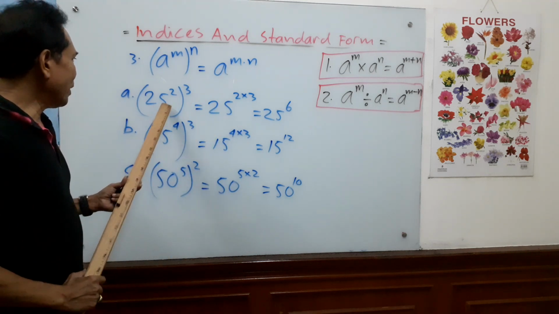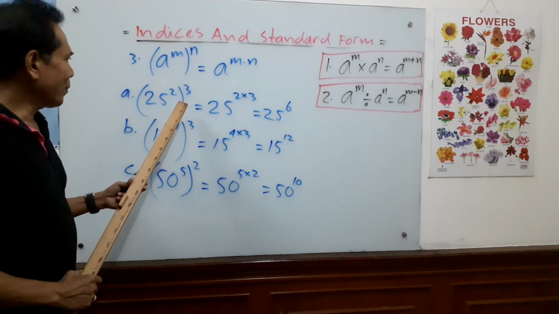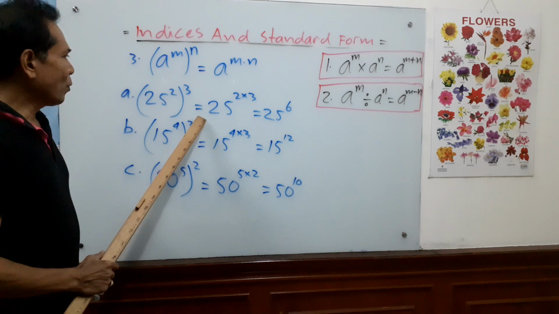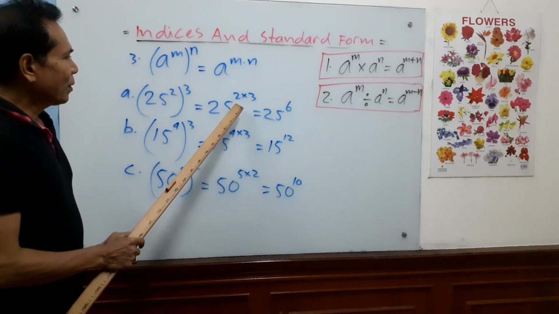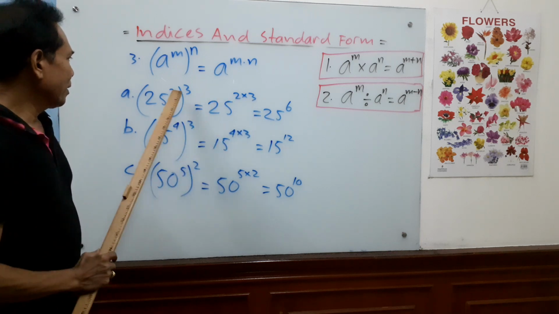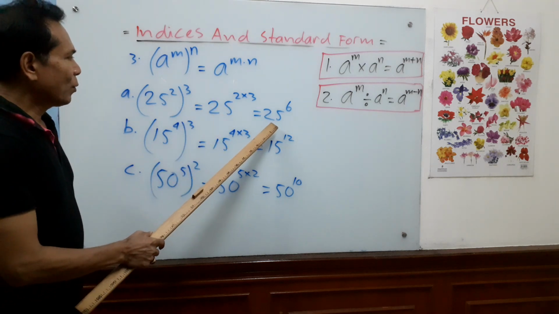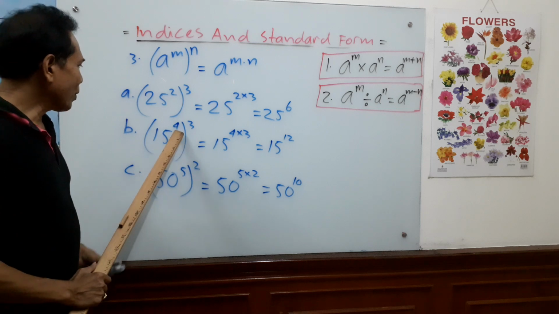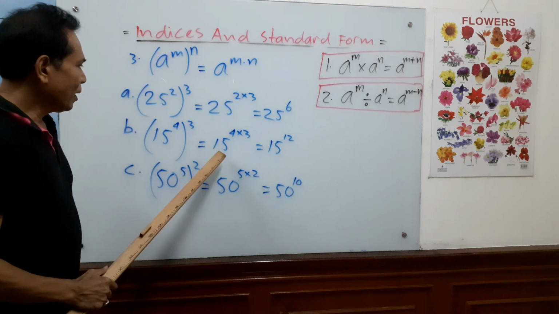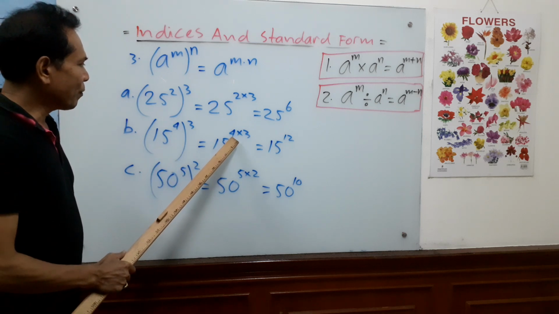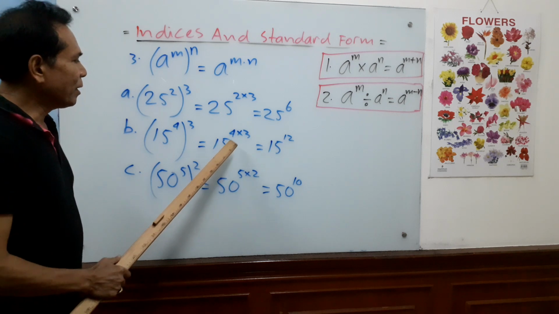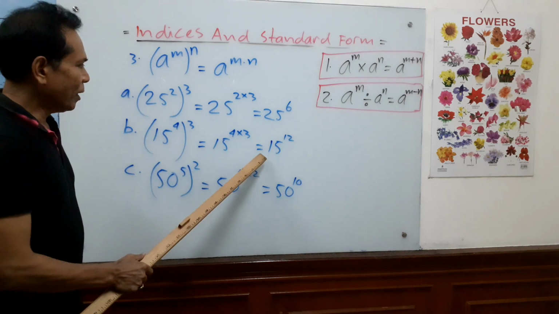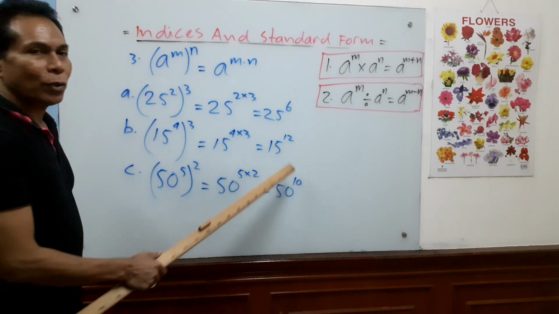Alright children, we go through this one more time. So we have 25 power 2 to the power of 3. Don't forget that's the way how you read it. 25 power 2 to the power of 3 equals 25 power 2 times 3, which equals 25 power 6. Second question. 15 power 4 to the power of 3 equals 15 power 4 times 3. 4 times 3 equals 15 power 12.